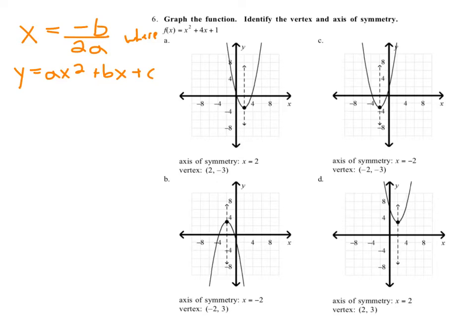And you can see that y could just as easily be f of x, so since they wrote it as f of x, let me get y out of there and write f of x. They mean the same thing.